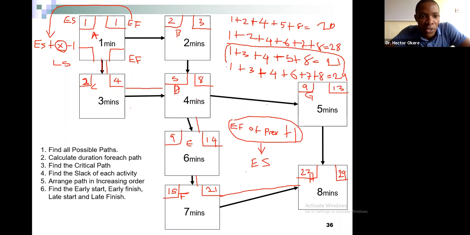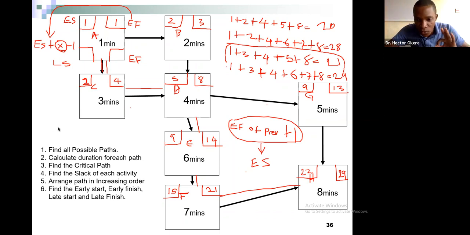Now you have done with your early start and early finish. Now you need to go for late start and late finish. How do you calculate your late start and late finish? Remember, you have no extra time on your critical path. You have no extra time on your critical path.